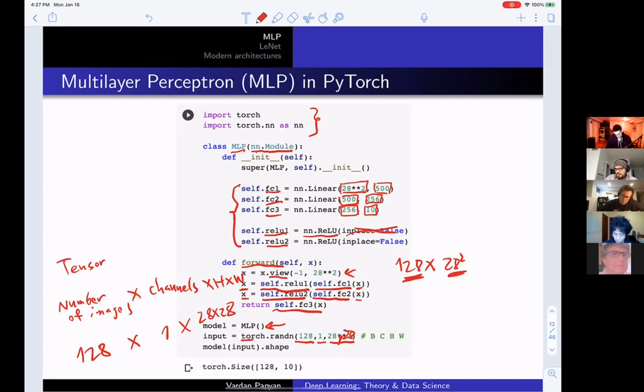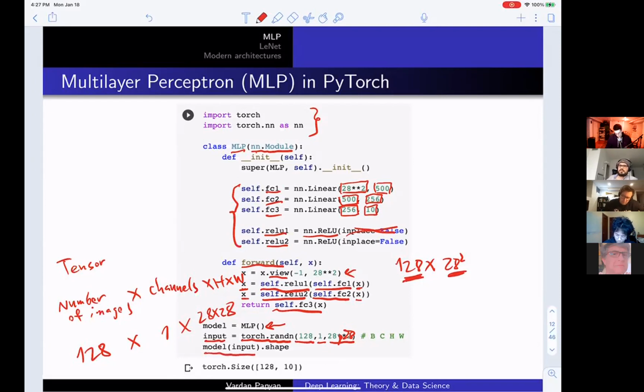Now, notice that here it says torch.randn. randn is just a random number generator that generates from a Gaussian distribution with zero mean and unit variance. And after we sample this random input, we can pass it through the model and calculate the shape.